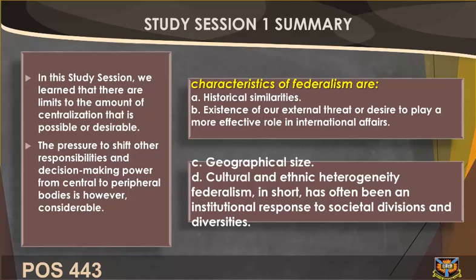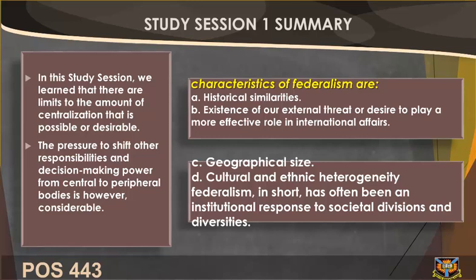Study section summary. In this study section, we learned that there are limits to the amount of centralization that is possible or desirable. The pressure to shift all the responsibilities and decision-making power from central to peripheral bodies is, however, considerable. Characteristics of federalism are: A. Historical similarities.